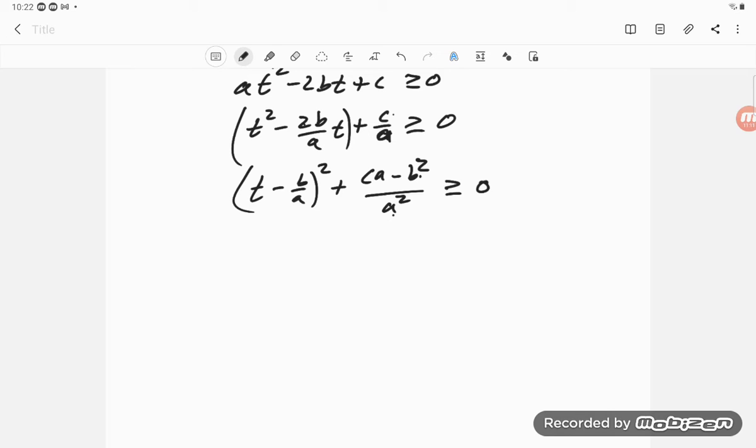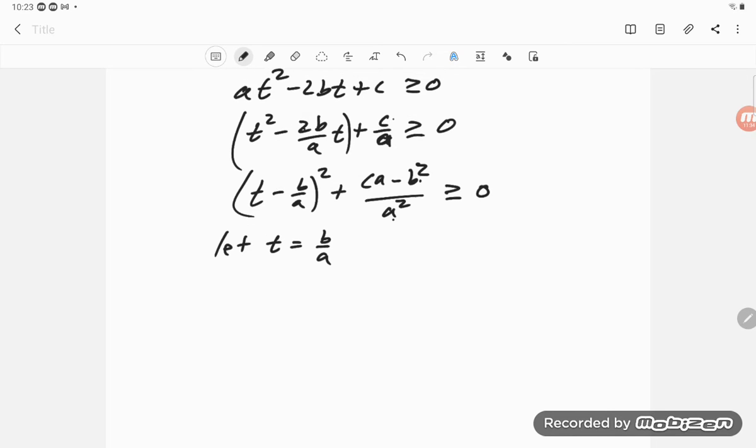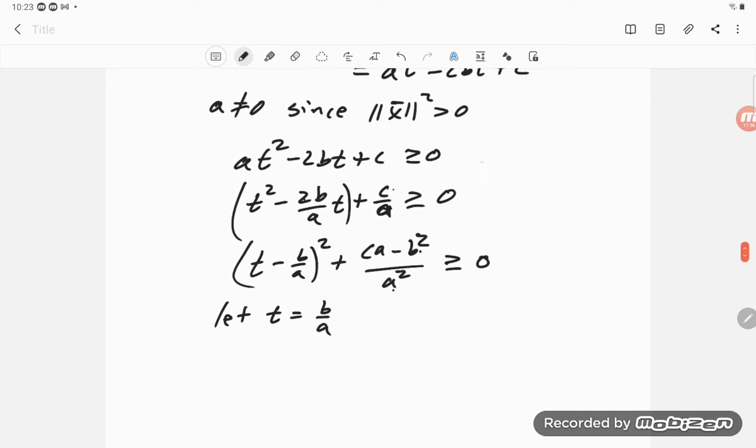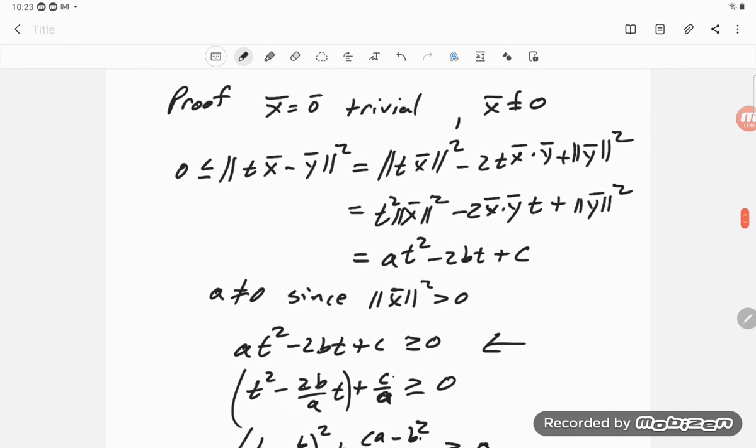And then they say, well, let's let t equal b over a. Okay, which is perfectly fine. So we tossed in some constant t, well, way back here.